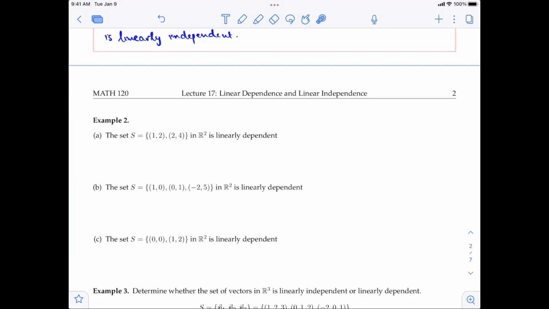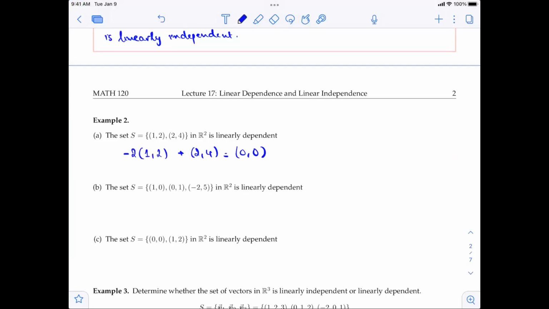Another way to write this relationship is c1 times v1 plus c2 times v2 is equal to the zero vector. So you have -2 times (1, 2) plus 1 times (2, 4) equal to the zero vector. Therefore, these two vectors are linearly dependent on one another.